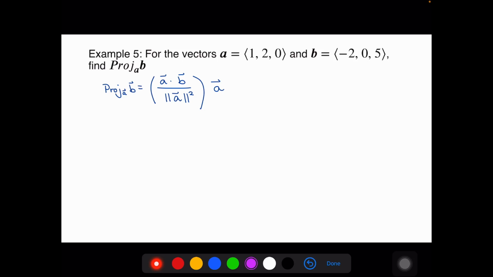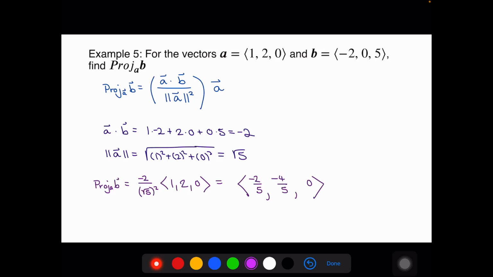I'm going to go ahead and compute all of these components. A dot B is 1 times negative 2 plus 2 times 0 plus 0 times 5. I got negative 2. And the magnitude of vector A is the square root of 1 squared plus 2 squared plus 0 squared, or root 5. So the projection of B onto A would be negative 2 divided by root 5 squared, which just turns into 5.